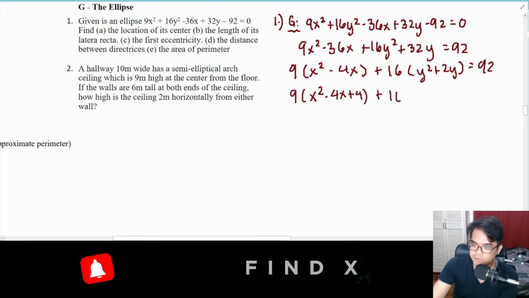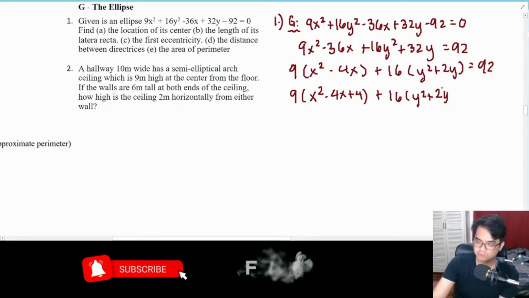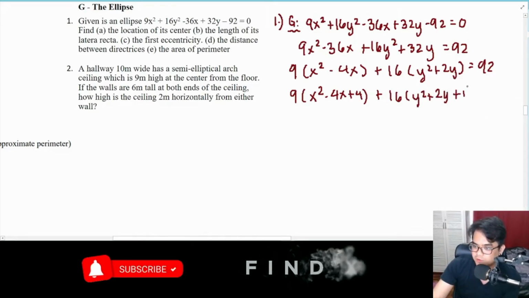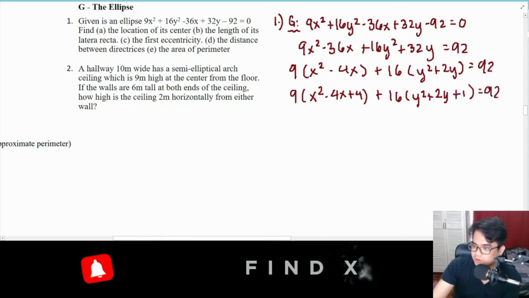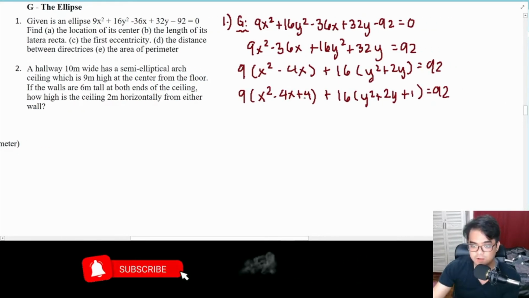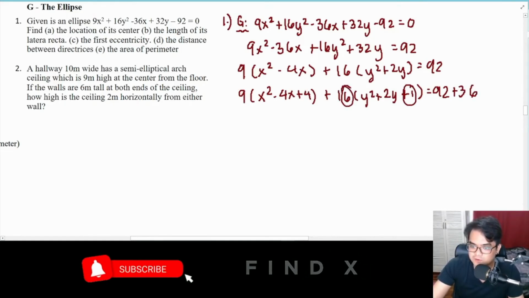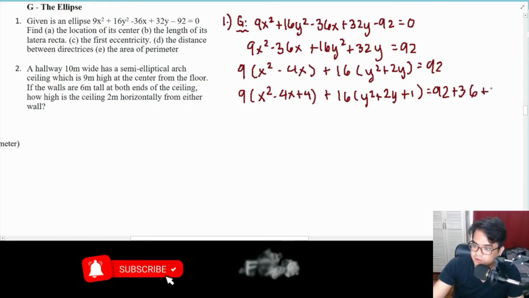Plus now 16 times y squared plus 2y. So divide 2 by 2, that's 1. Square is plus 1, equal to 92. And then we have to add plus 4 times 9. So that's 36, right? So plus 36. And then plus 1 times 16. And then that's 16.